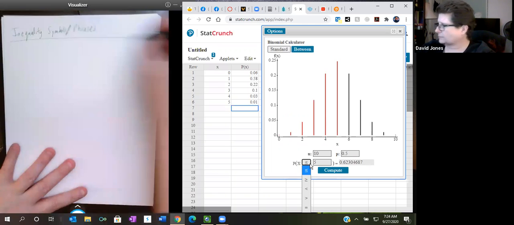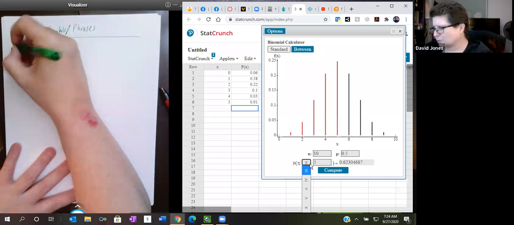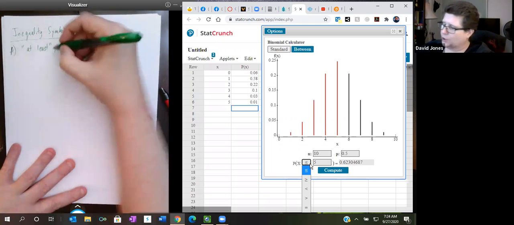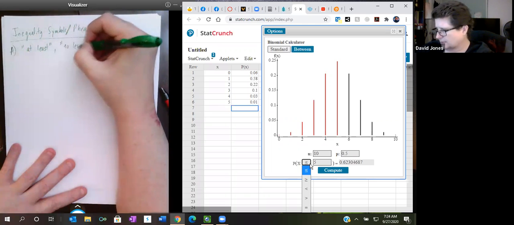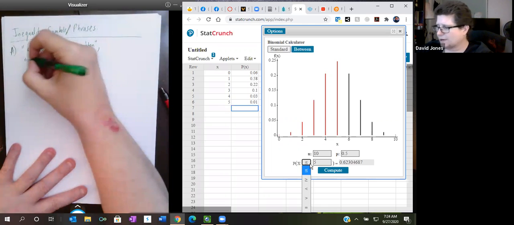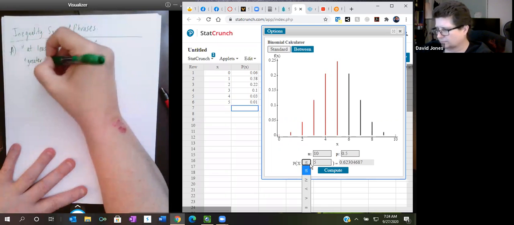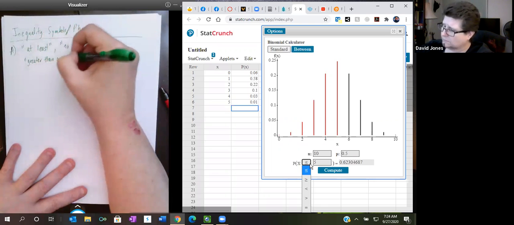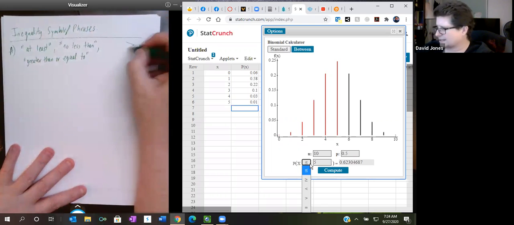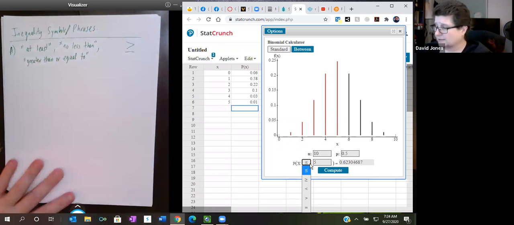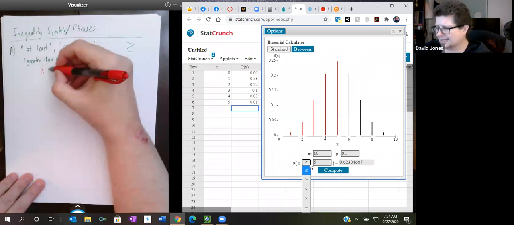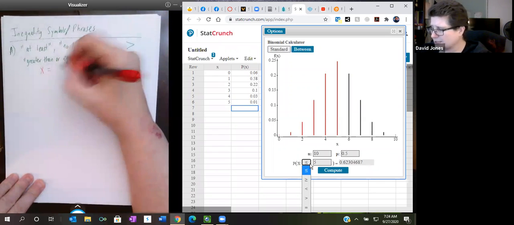So if I see the words at least, no less than, greater than or equal to, these are all giving us this symbol here. X equals the number in question.